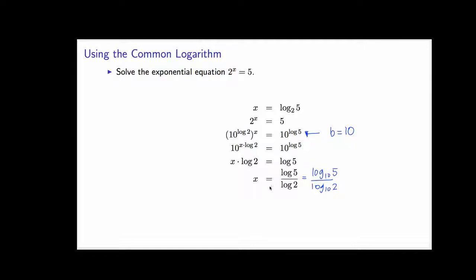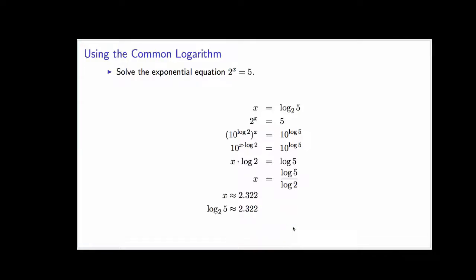We can now use the log button on our calculator to compute this, and we get approximately 2.322, which you can check again by doing 2 to the 2.322 on the calculator, and we get approximately 5.